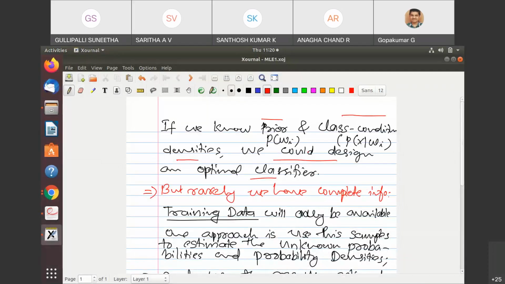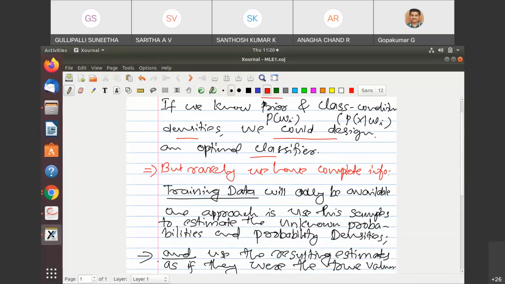Now we will see how we can find methods that give us an idea about these values so that we can apply the Bayesian classifier. Usually in a supervised learning method, what is given to us is the training data.